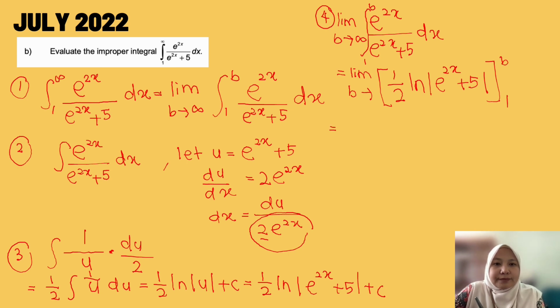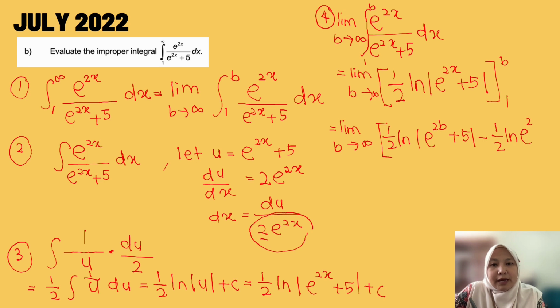So substitute. Limit here we have b approach to infinity. For the first part, we will substitute the upper boundary. So we have 1 over 2 natural log exponent 2b plus 5 minus the lower boundary, we have 1 over 2 natural log exponent 2 multiplied by x, we multiplied by 1, we get 2, so plus 5.